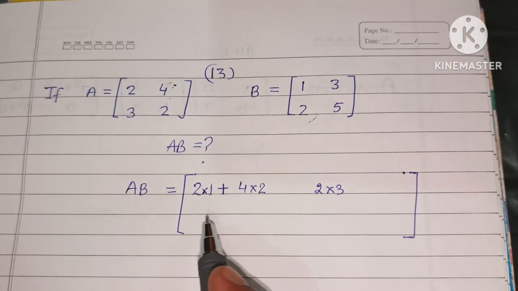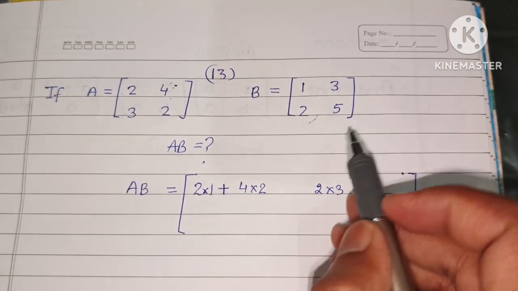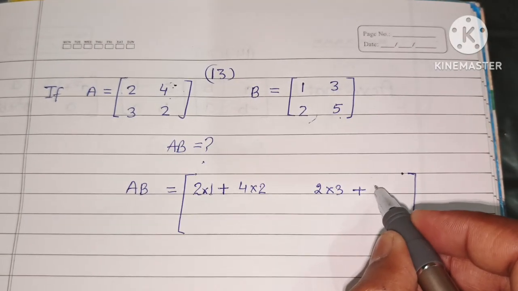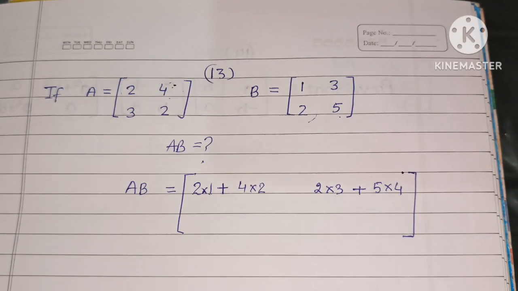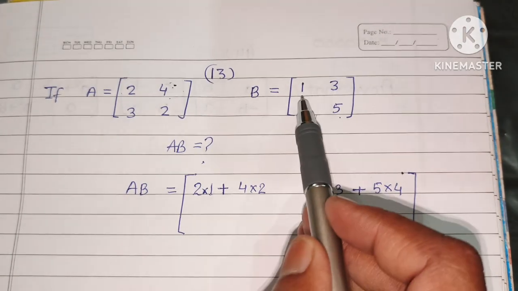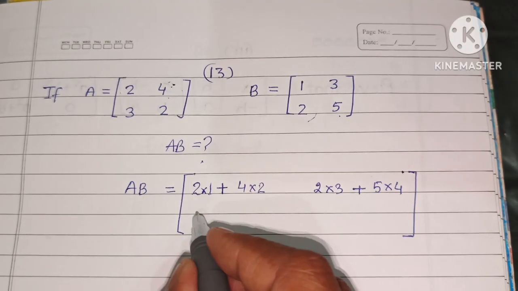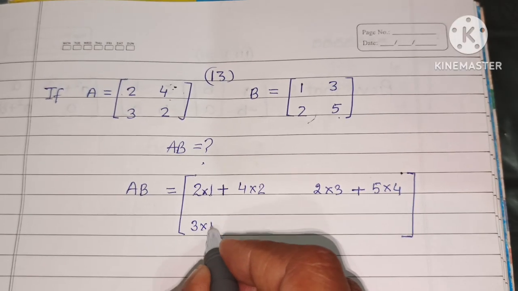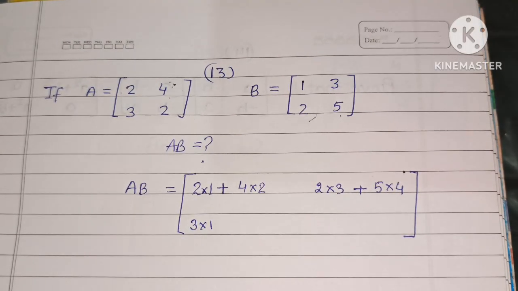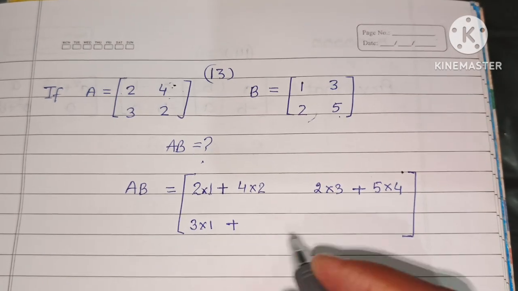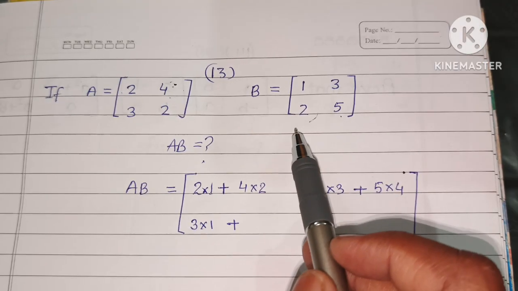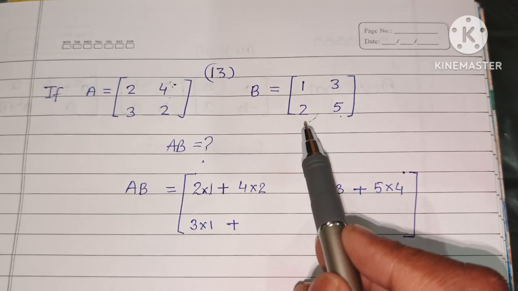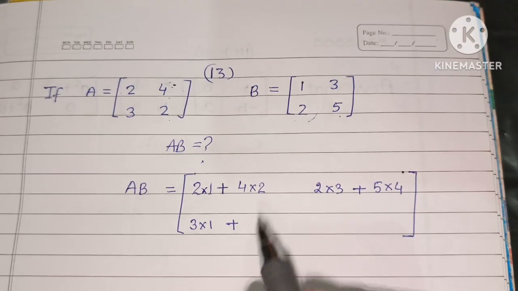We will put plus between these, plus this 5 into 4. Once again 1 is multiplied by 3, so that is 3 into 1 plus 2 into 2.